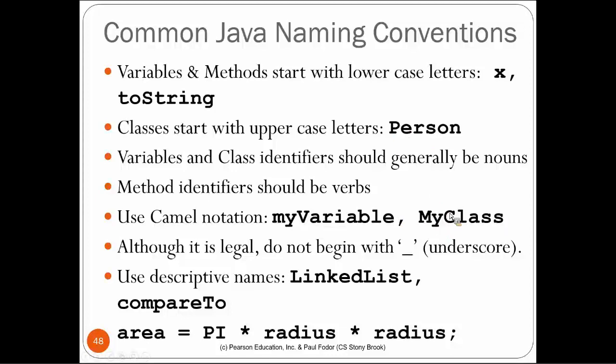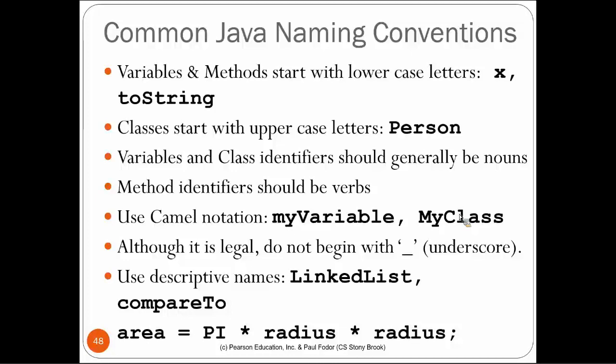Similarly, classes start with uppercase, and since we have two words, MyClass, we capitalize M and C. So it is like a camel. We have these humps for every uppercase letter, myVariable, MyClass.